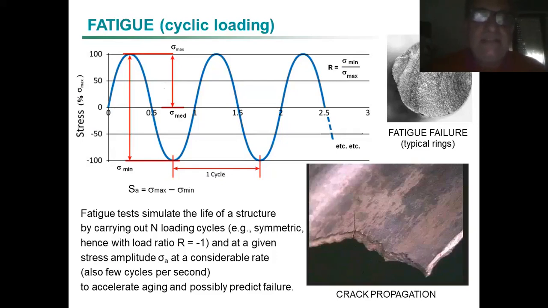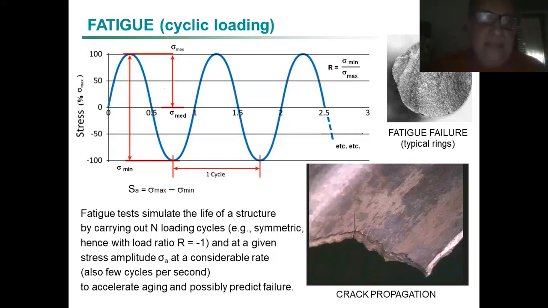And therefore, when we do fatigue loading, we do millions of cycles at a stress which is not very high, lower than the ultimate stress.